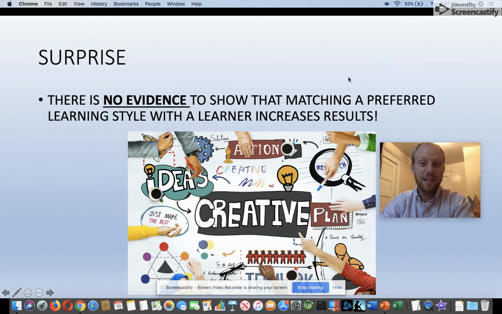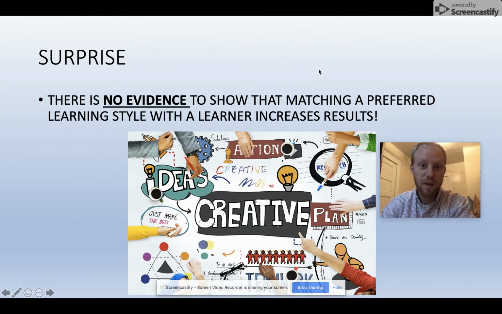But there is no research that says that that is true. There is research that says showing students multiple different learning styles on the same topic increases their results, but that is just showing them multiple times different ways, and eventually it will click from the sheer spread. So that was amazing to me.